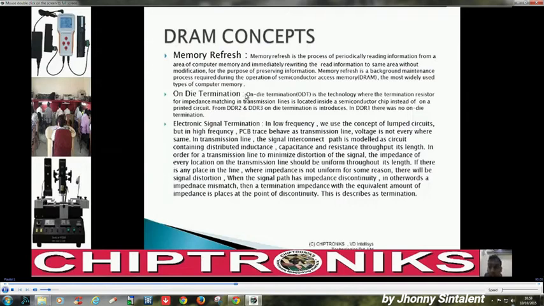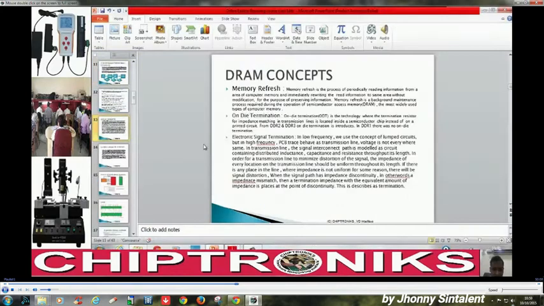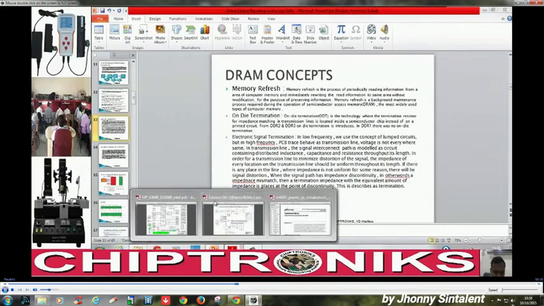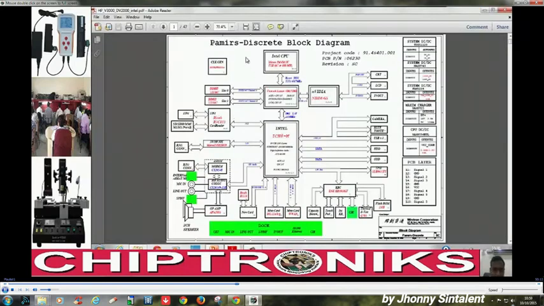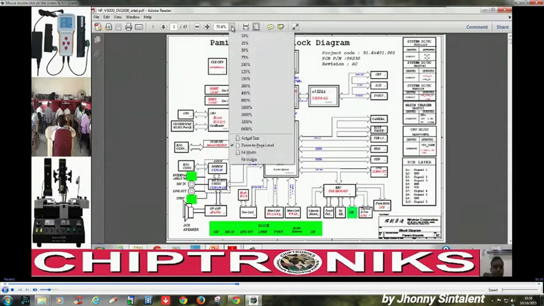Now listen to my words very carefully. See, in a notebook motherboard, we'll take the case of a schematic diagram. Let's take the DB2000 case, and the RAM slot you see in this schematic diagram.